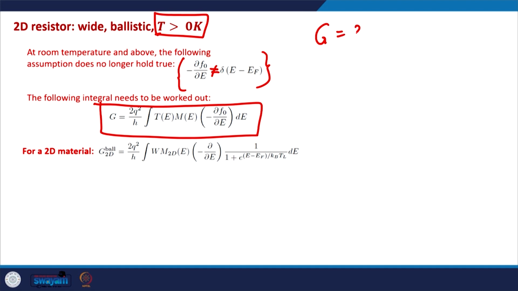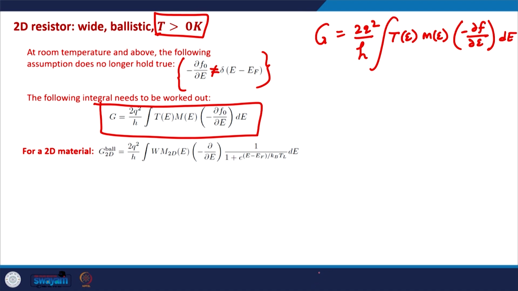Please remember that the expression of conductance to begin with in any case is 2q square by h, integral of TE times minus del f by del E dE.